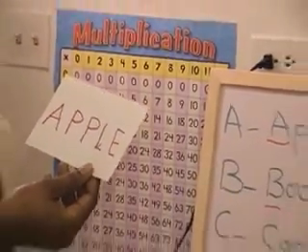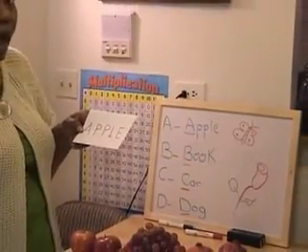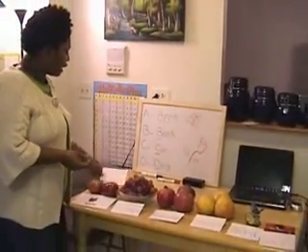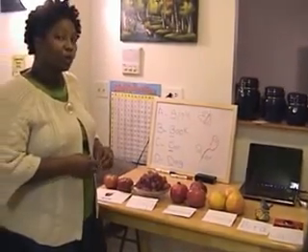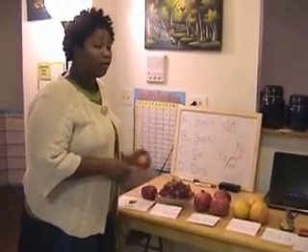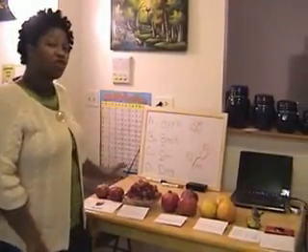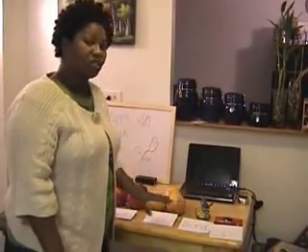So I will ask this child to read it, spell it out, and see how the child does. That will show me that this child is able to read this word without a visual representation of the item. I will continue this routine throughout the objects that I have displayed here.